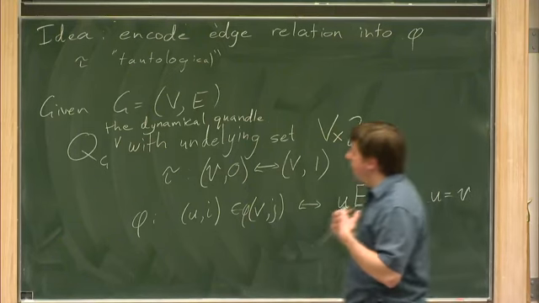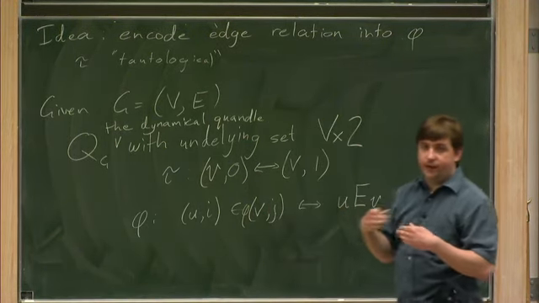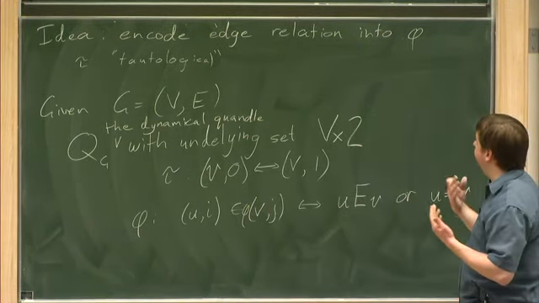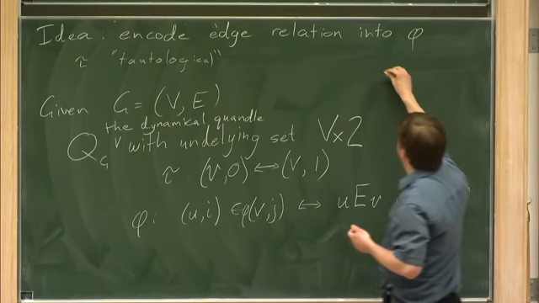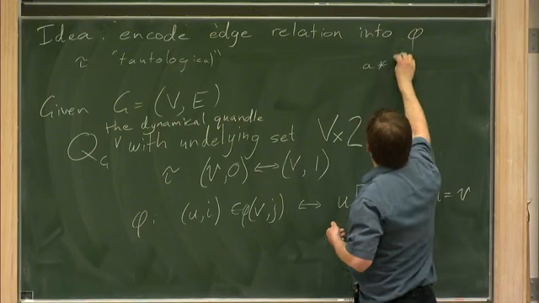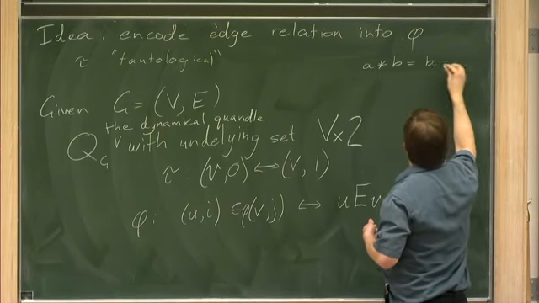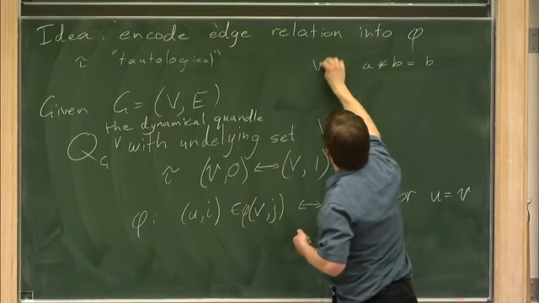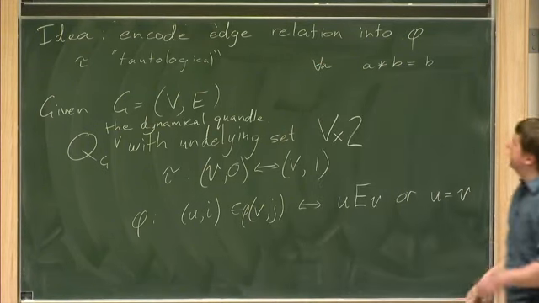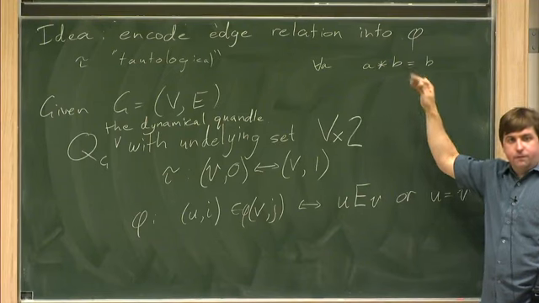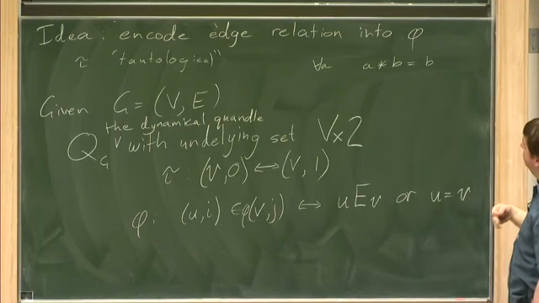Now, if you have no fixed points of the quandle, if it's never the case that A star B equals B for all A, so how do I want to phrase this?